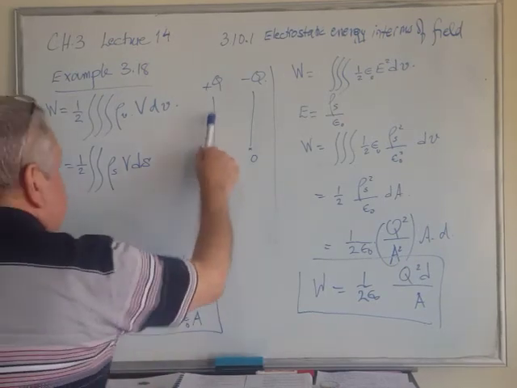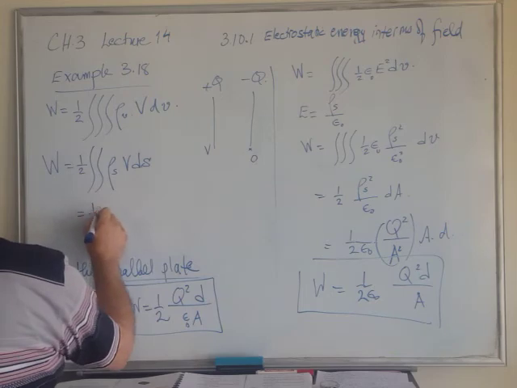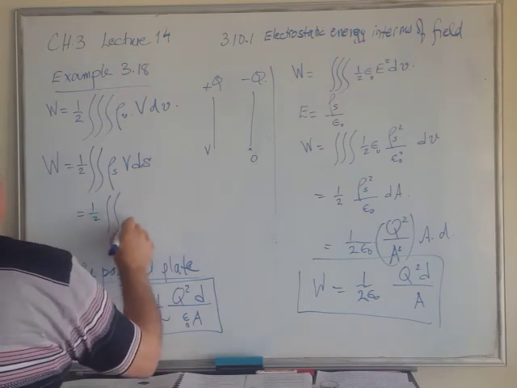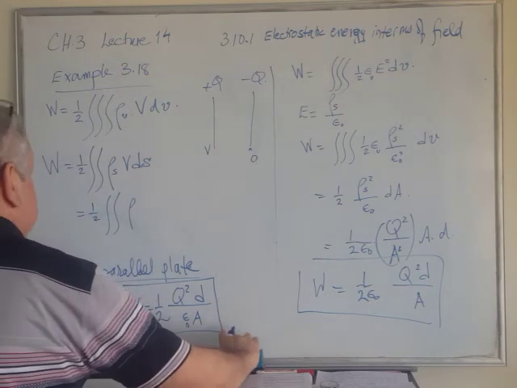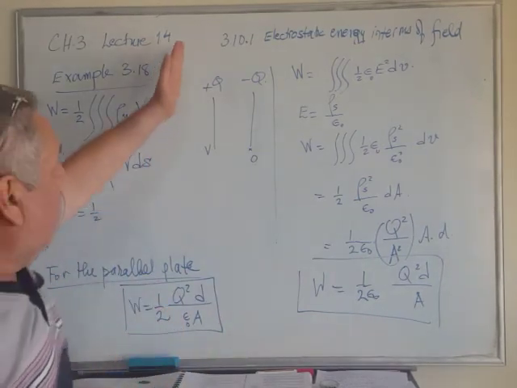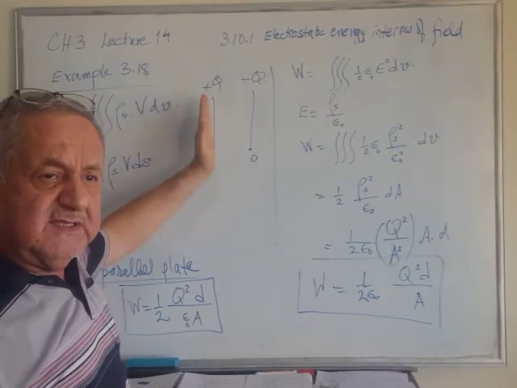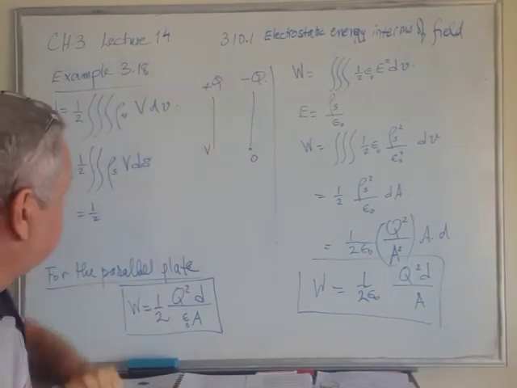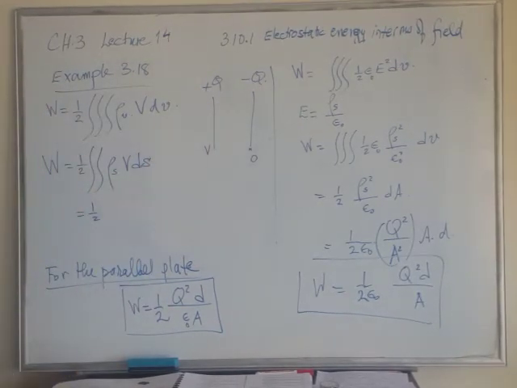If you do it here when the potential is V, that will be half double integral of rho s and V. Rho s is constant and V at all points of a conductor is the same because the surface of a conductor is an equipotential surface.